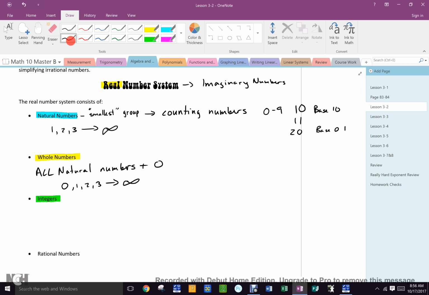Negatives. Integers are all the whole numbers, which means they're also all the natural numbers, plus negatives. So it is negative infinity up to 0 up to positive infinity. Everybody cool with that?